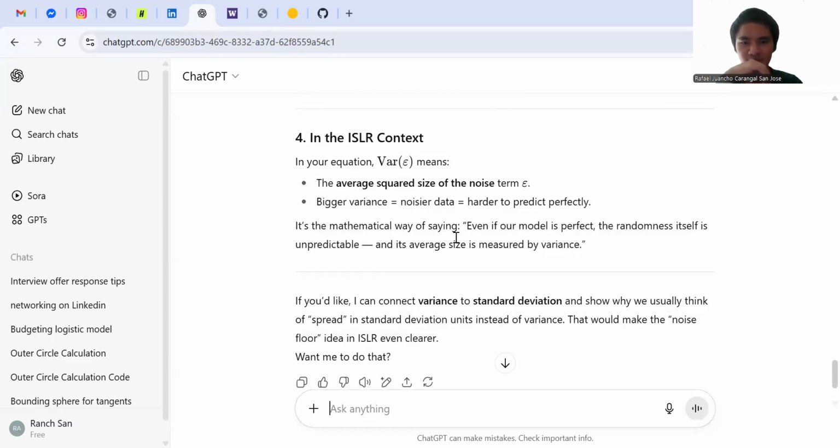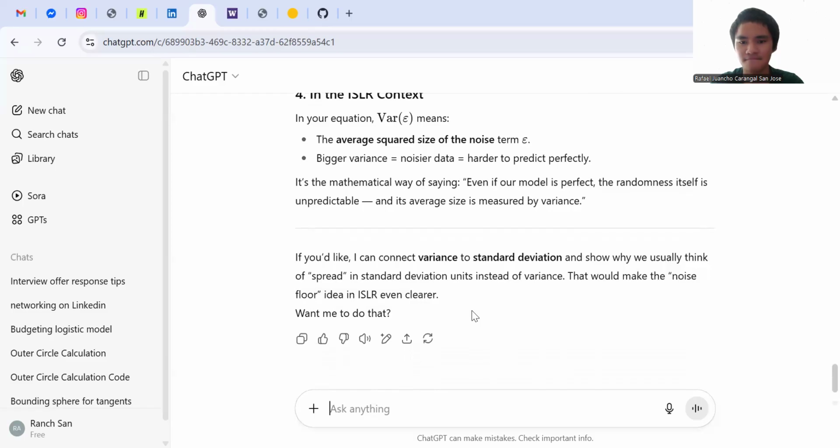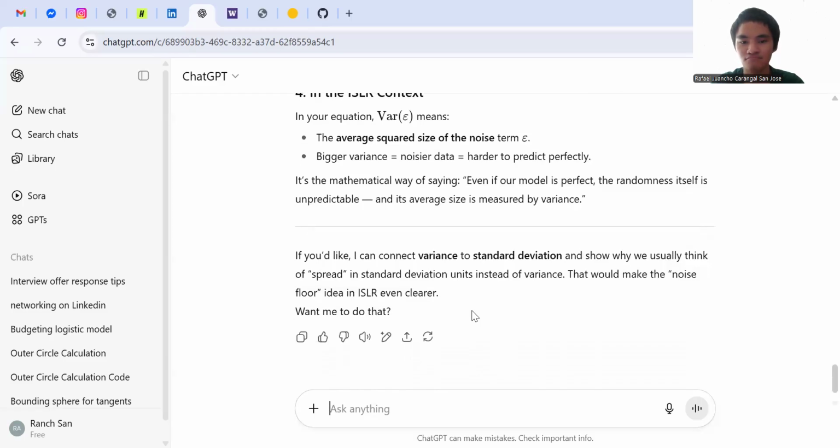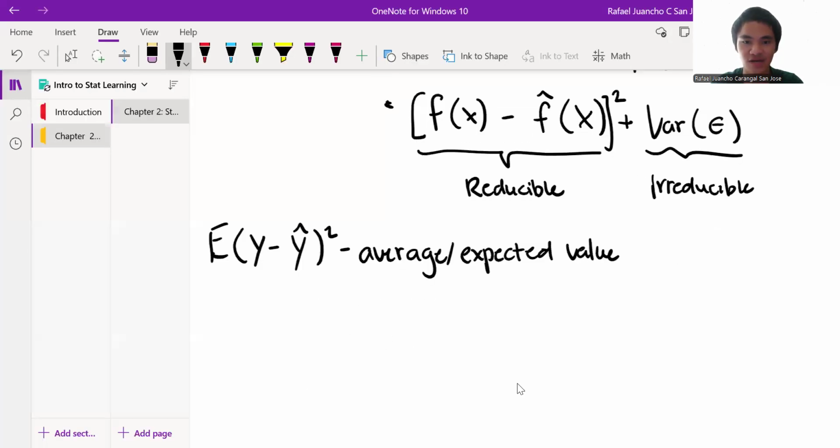Okay, that's the idea. So when we say variance, it's the variety. That's something I'm going to put in my notes. How can we quantify variety, right?